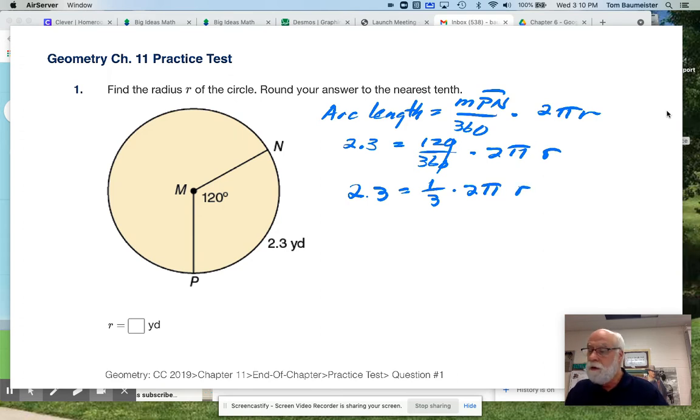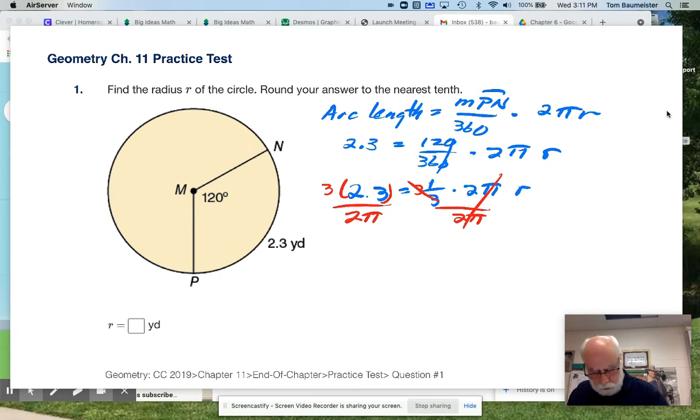All right, so if you think about it, you're going to multiply both sides by 3, right? And then you're going to divide both sides by 2 pi, because that's going to make those go away.